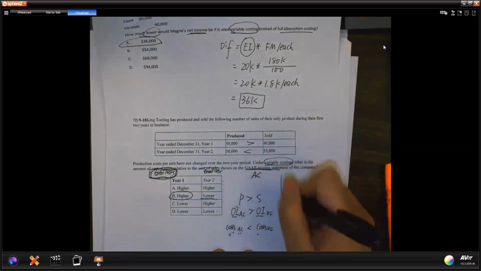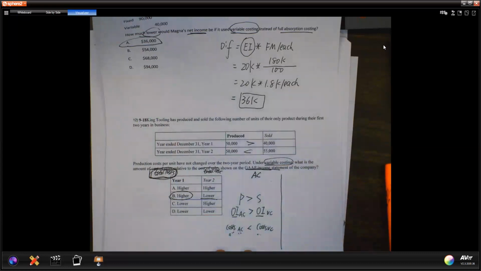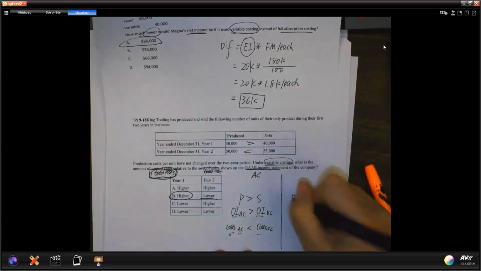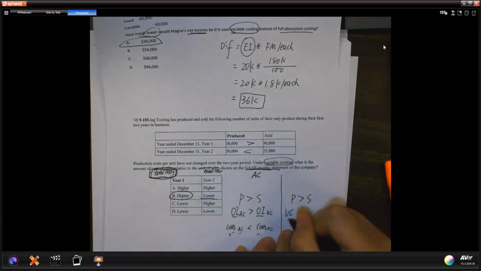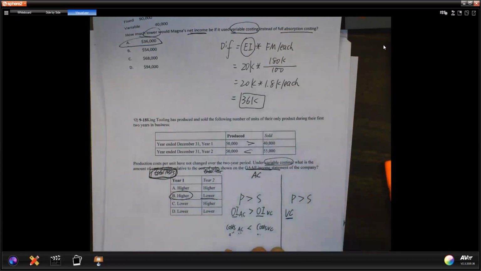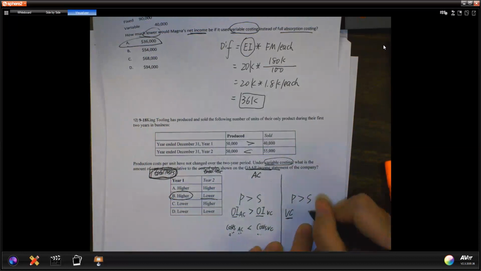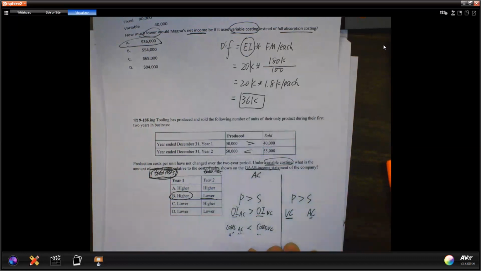Or you can just think about it directly. We said when your production is more than your sales, under variable costing you expense all the costs, right? You subtract all the variable costs, you subtract all the fixed costs. But under absorption costing, part of your fixed manufacturing cost is deferred as inventory. So you didn't subtract all of the fixed manufacturing cost.